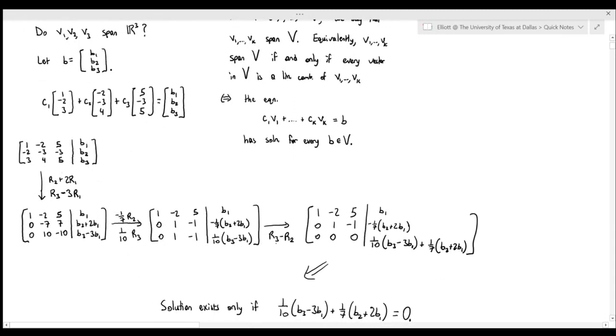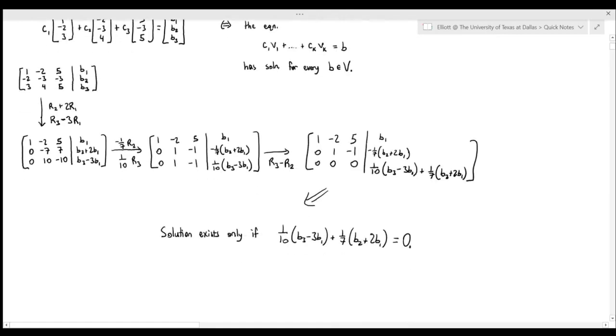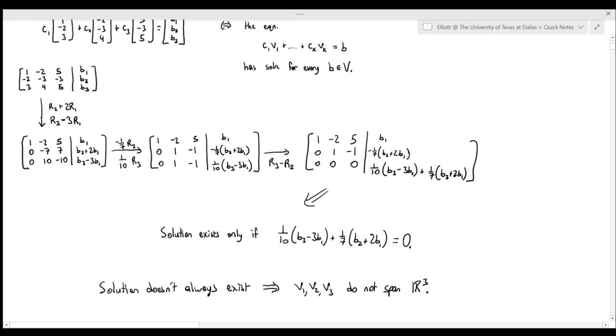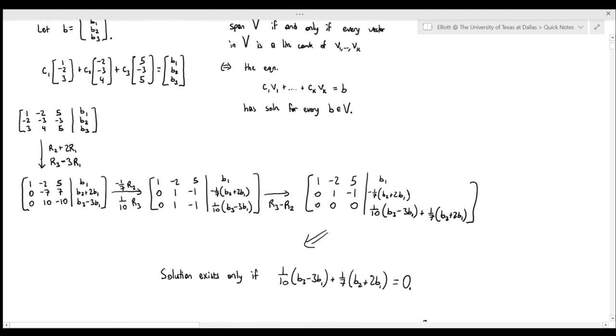We tried to solve this equation, and we find that it does not always have a solution for every B. So because it doesn't always have a solution, that would mean that our vectors do not span R3, okay?